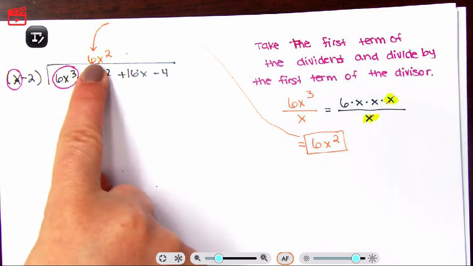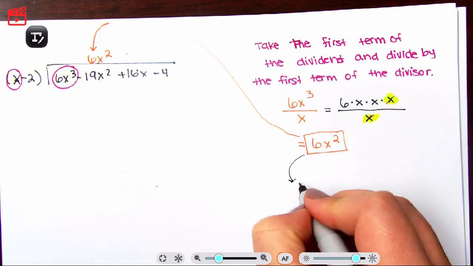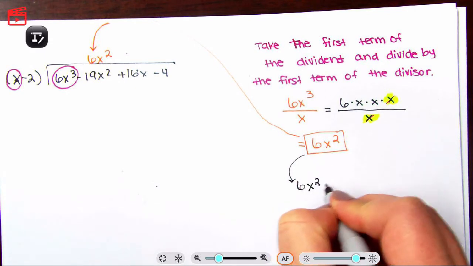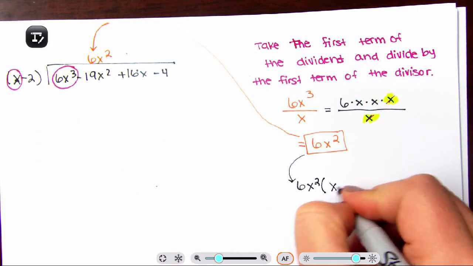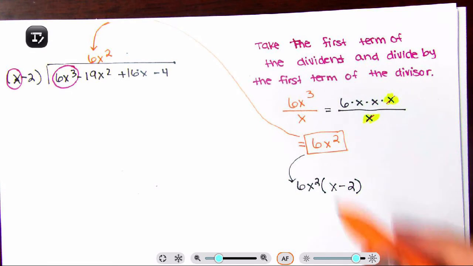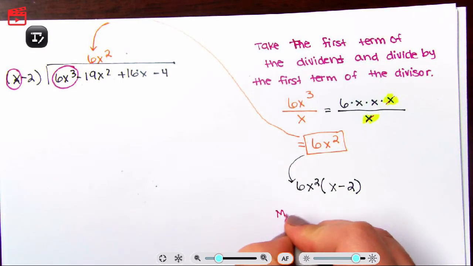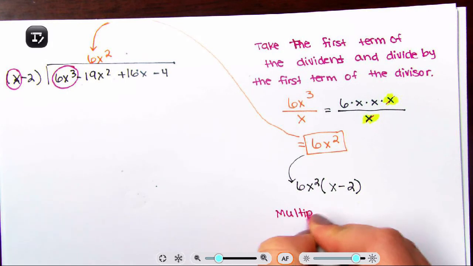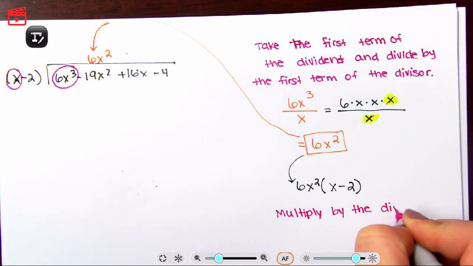So the first thing is write it here. The second thing is you're going to take that 6x squared and multiply it by your divisor. So you take your answer, then multiply by the divisor.